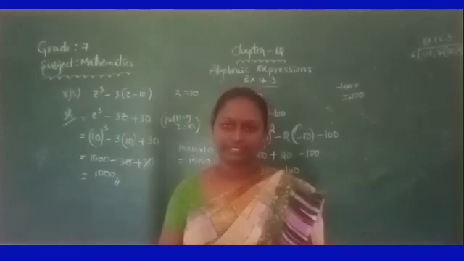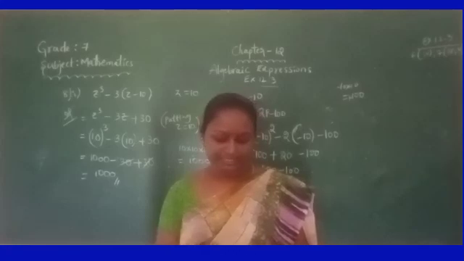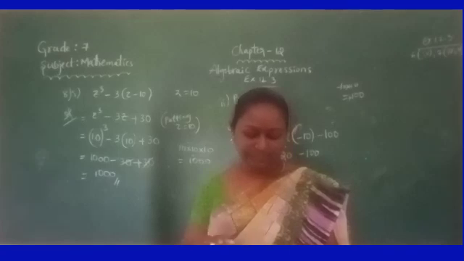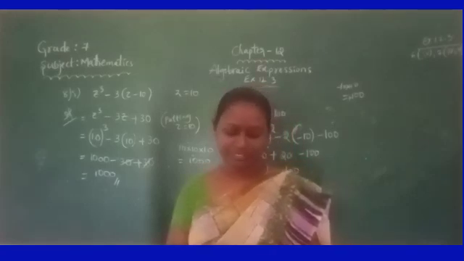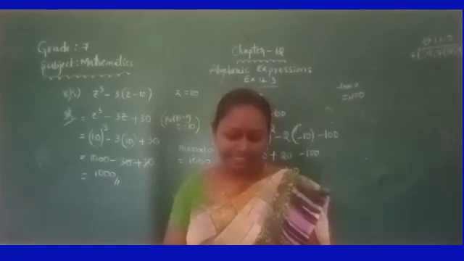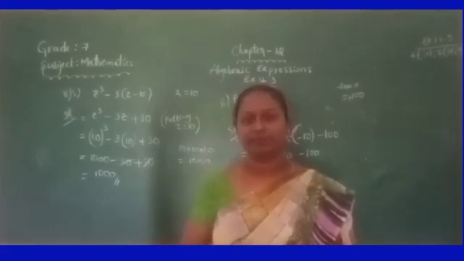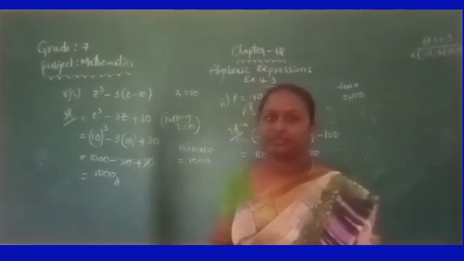If the expression 2x square plus x minus a value is equal to 5, when x is equal to 0, what should be the value of a? Here we have to find the value of a.